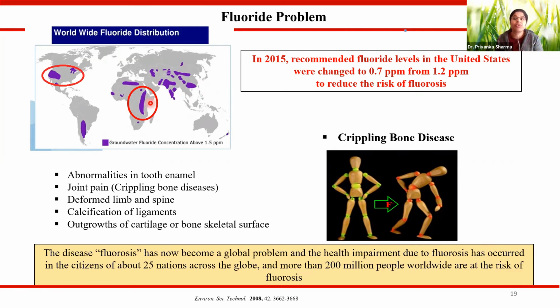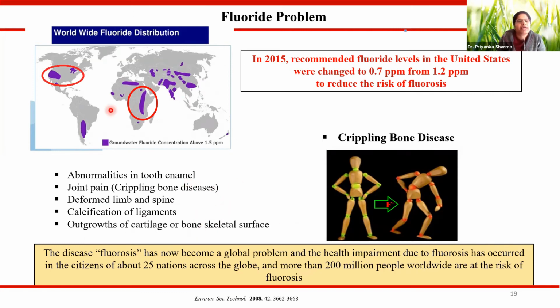It was above 14 ppm. According to the US standards, drinking water should have a fluoride level below 0.7 ppm. And the increase in fluoride in water causes abnormalities in tooth enamel, joint pain, deformed limbs and spine, and many other problems related to the bone.